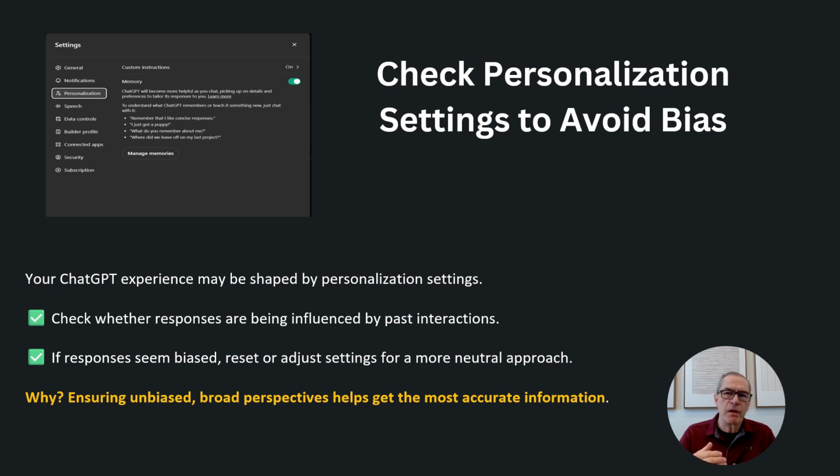For instance, if I was having a conversation about Irish immigrants, and then in a subsequent chat, I just talked about immigrants, ChatGPT may assume that I'm still talking about Irish immigrants. So go to your settings and look at personalization and look at what kind of things you have in memory. You can delete them one at a time, or you can delete them all. But if your responses seem biased or a bit strange, first place to check is personalization.